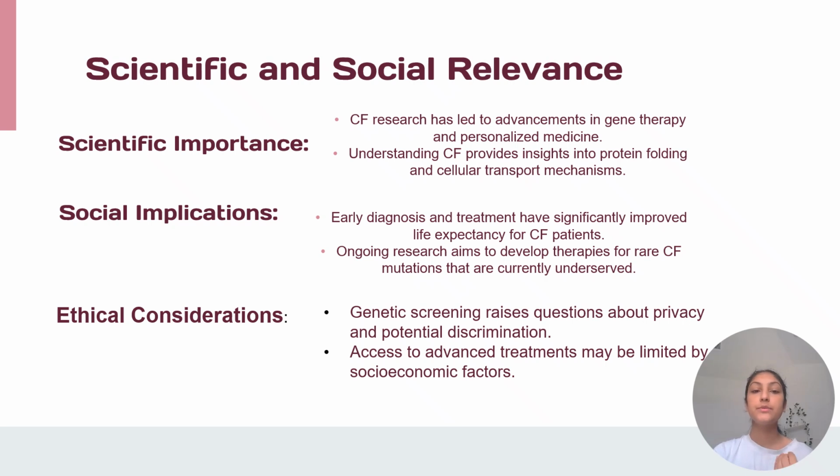We also have a social implication: early diagnosis and treatment have significantly improved life expectancy for CF patients. New treatments like gene therapy give hope for a cure. CF also raises awareness about carrier testing, early diagnosis, and the cost of long-term care. Let's move on.